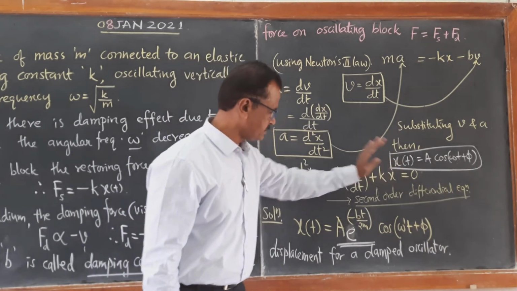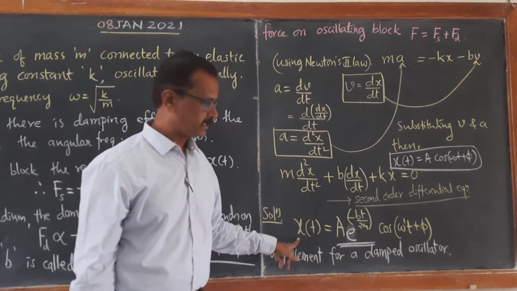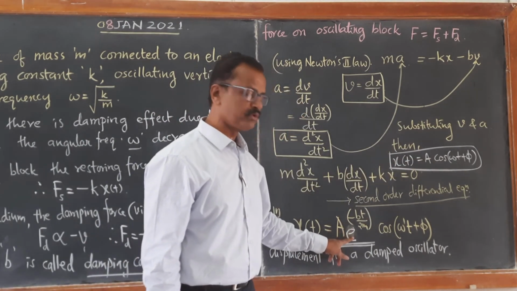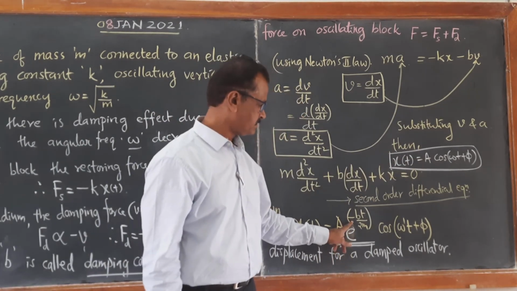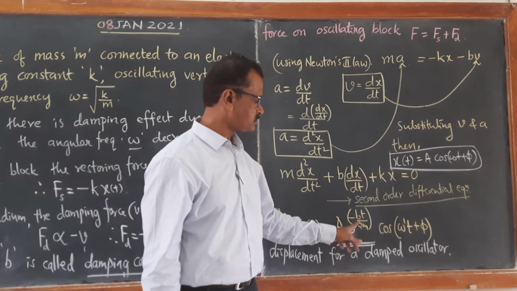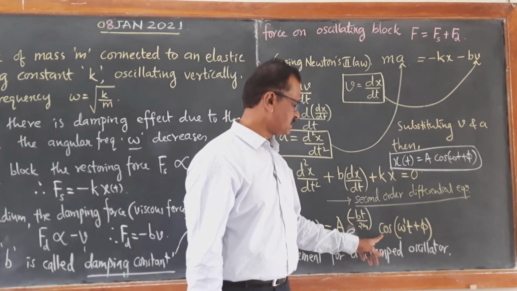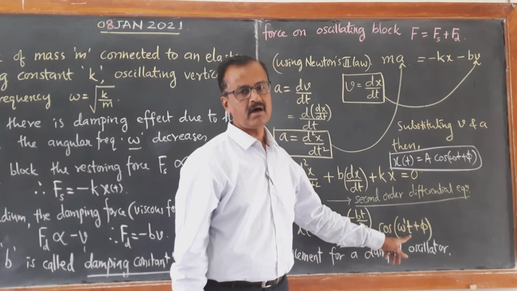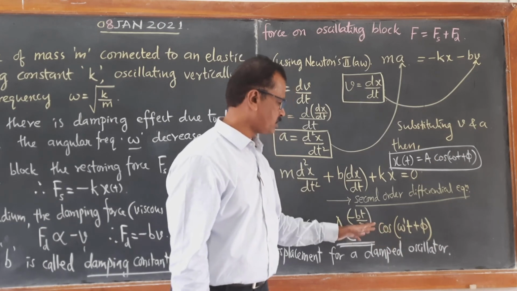Whereas in the actual damped oscillator, the amplitude is a multiplied by the exponentially decreasing factor e to the power minus bt upon 2m. So the amplitude of oscillations keeps on decreasing, and even the angular frequency has a decreased value. Let us see those values and draw the graph.